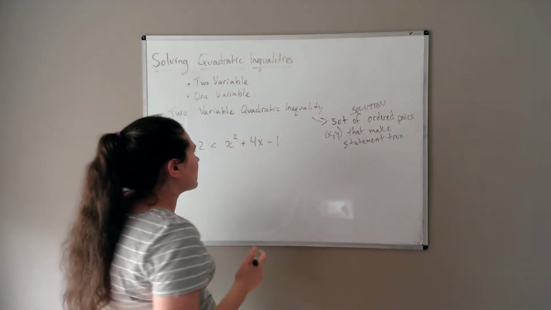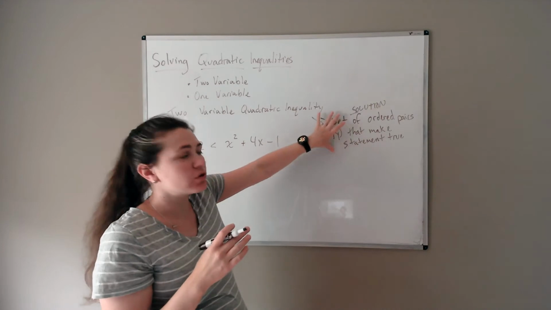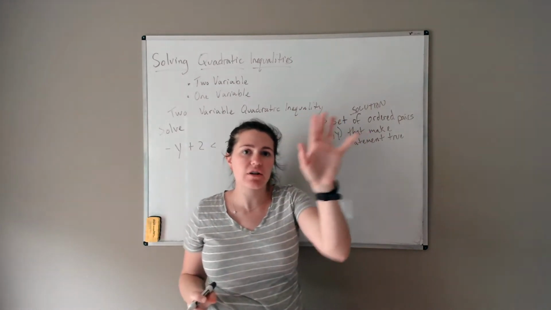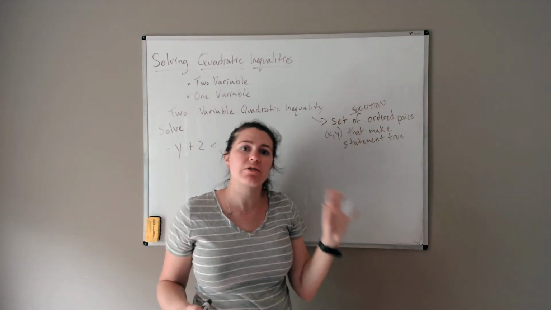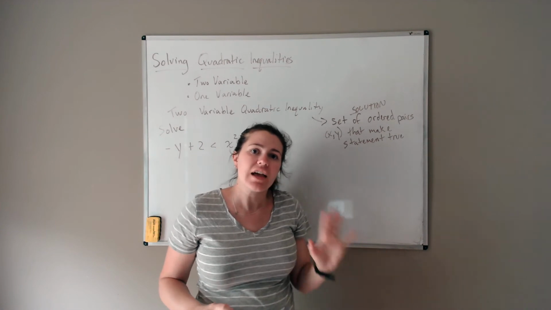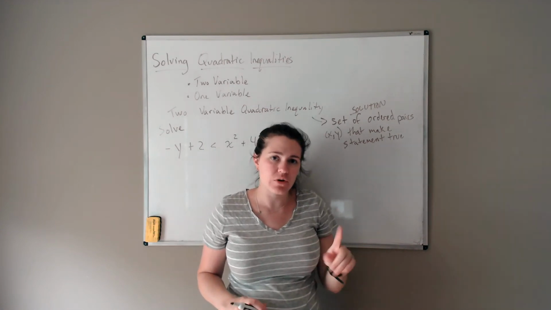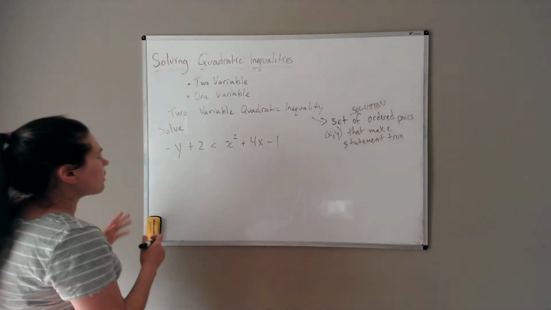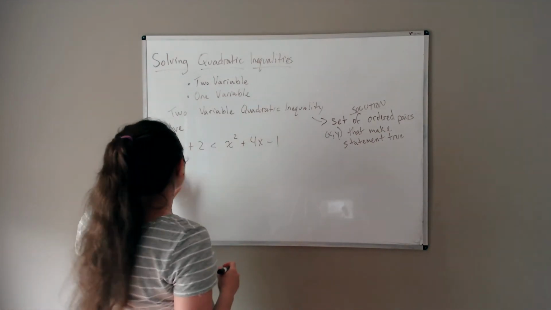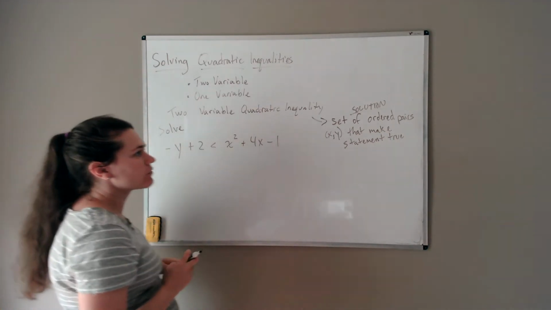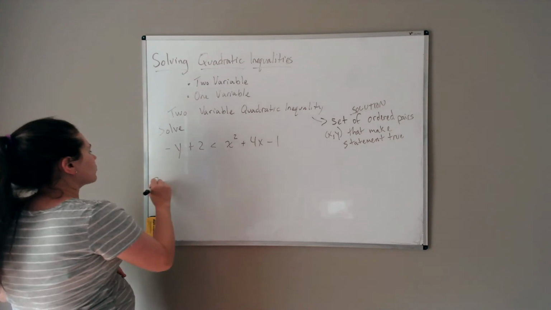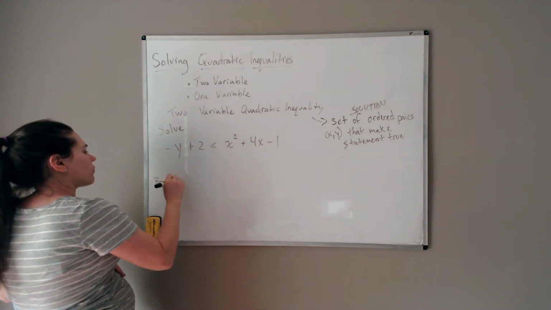So remember, there's an area of the graph that's your solution and an area of your graph that's your non-solution. It is separated by your boundary. Your boundary is when the left equals the right. The first thing I see is I don't have y by itself, and to get the boundary we want y by itself.